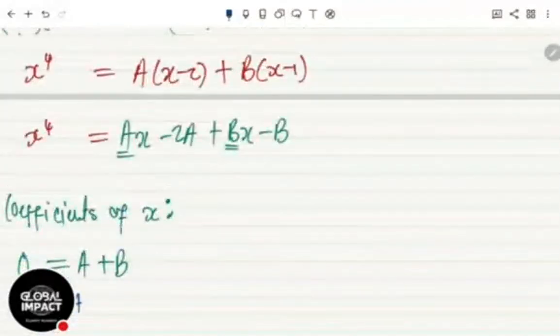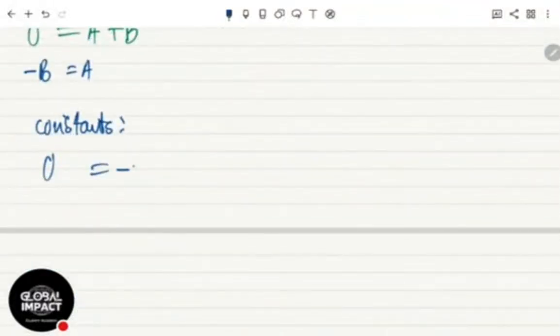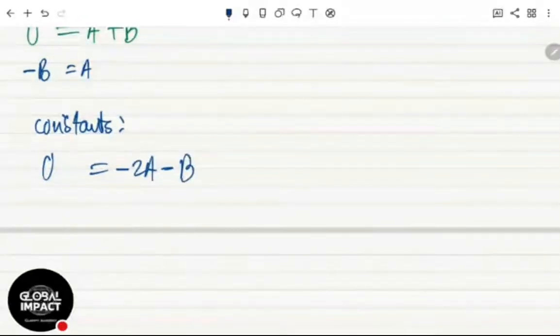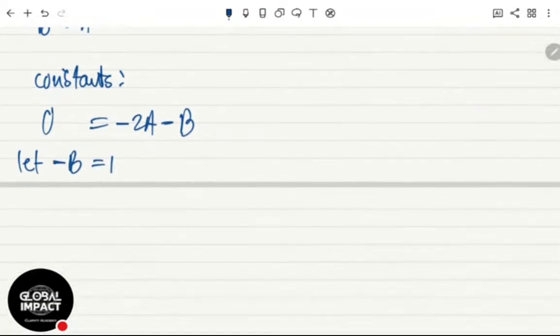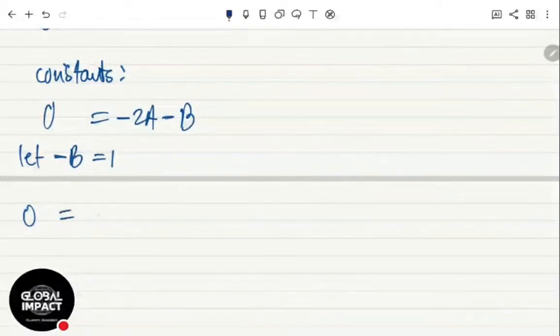What do we have here on this other side? Negative 2a minus b, so it will be equal to negative 2a minus b. Then you're now going to say let a be negative b, or if you want you can say let negative b equal to a. So you can now have 0 is equal to negative 2a minus b becomes a positive a.